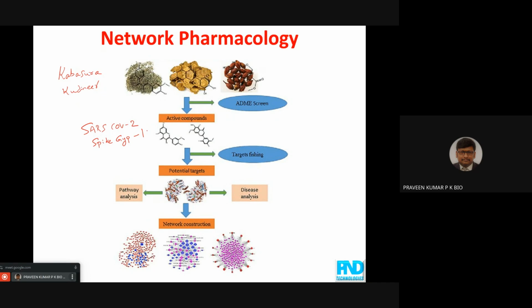There are actually 4 structural proteins in the SARS-CoV-2 virus. Similarly, we have 16 non-structural proteins. The proteases, polymerases, everything comes under non-structural proteins. So totally 4 plus 16, around 20 proteins are available. Out of 20 proteins, spike glycoprotein is one of the important targets.